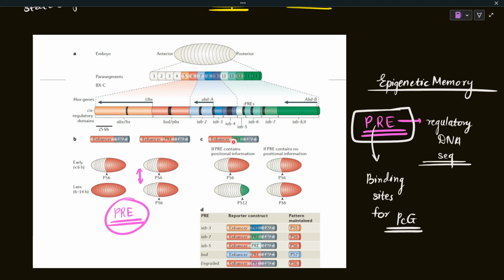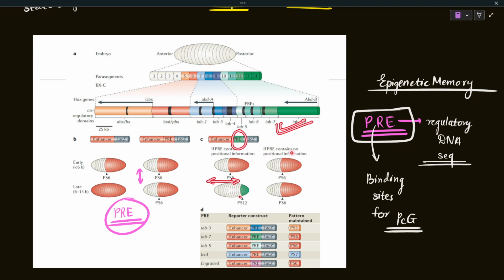If the PRE had positional information, the enhancer would express only in this region, and only this green region, PS12, would be expressed because the PRE is from that region. The rest of the part would be repressed.